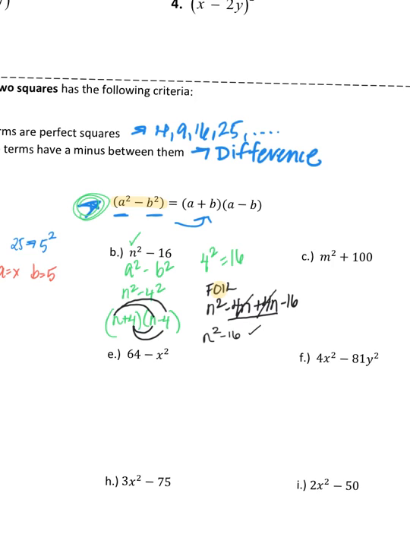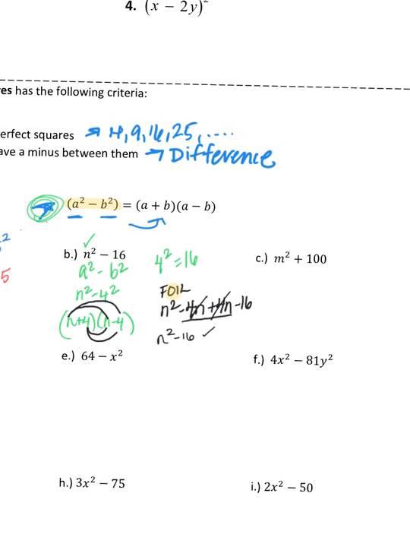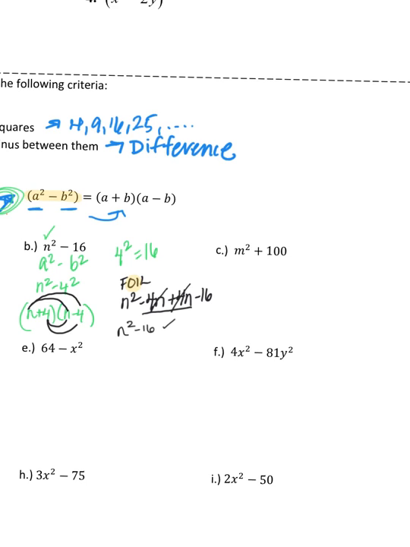Okay, so next up is C over here. Remember we're dealing with the difference of two squares. What I said about the word difference means subtraction. So what do you see here? m squared plus 100. This is not a difference of two squares.